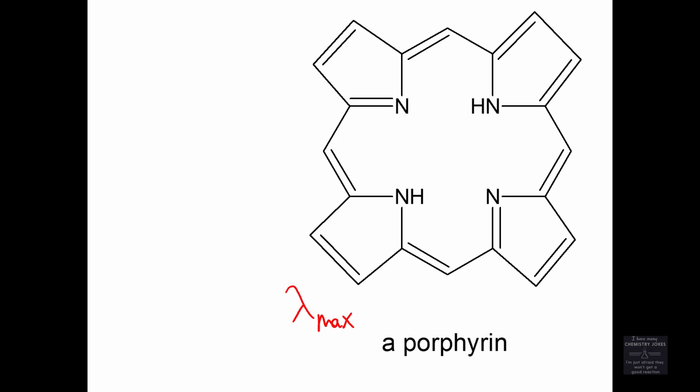That means in a UV visible spectrum, it would absorb a high wavelength wave. If that wave is in between 400 and 700 nanometers, it's likely that this is a colored compound. Because there's so much conjugation, porphyrins are almost always colored compounds.